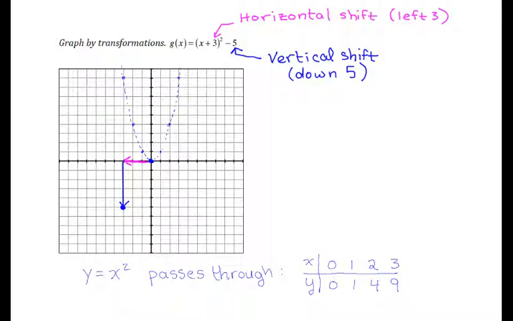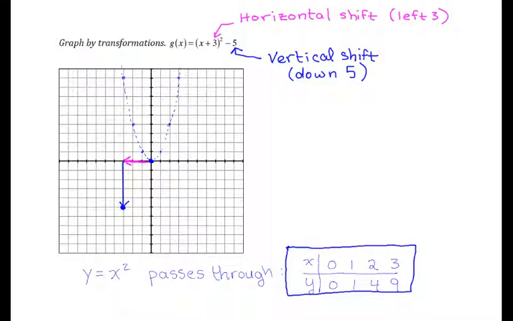Now, instead of taking every point on the original graph and trying to shift it, which requires us to draw the original every single time, it's easier to take this pattern and draw these points relative to our new vertex.